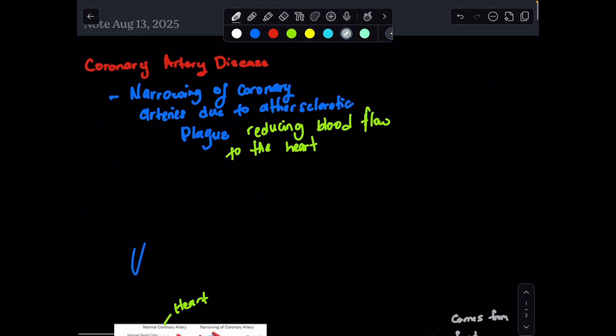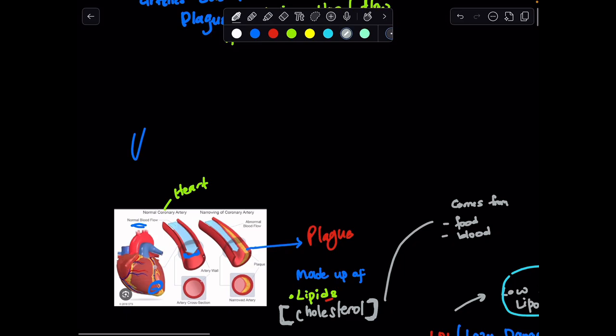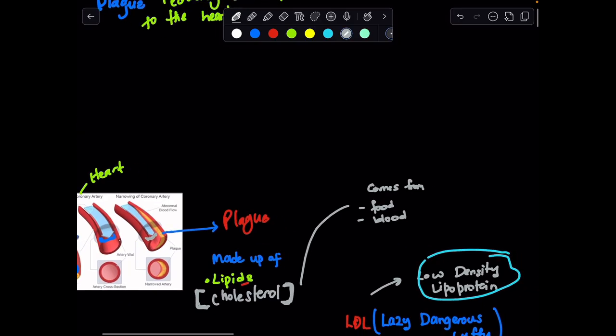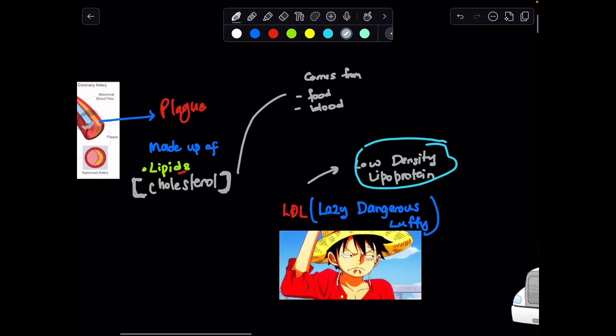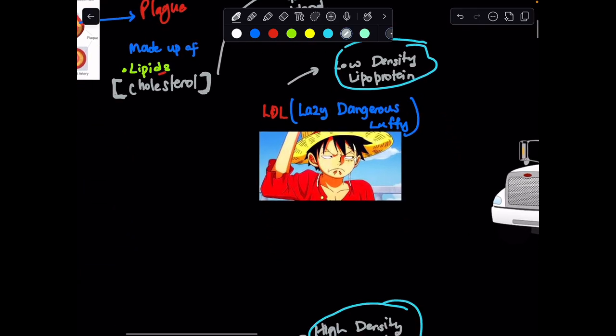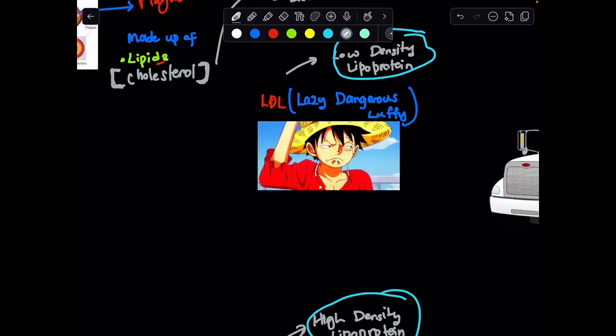So, coronary artery disease, what is it? It's the narrowing of the arteries due to atherosclerotic plaque reducing blood flow to the heart. Remember the image? Plaque causes reduced blood flow. And the plaque is made up of what? Cholesterol, lipids, cholesterol, which comes from food, and it has two drivers: LDL, lazy dangerous Luffy, and helpful delivery Luffy.